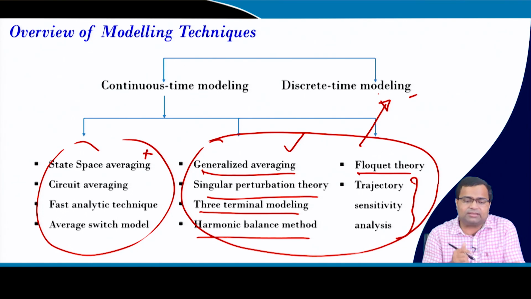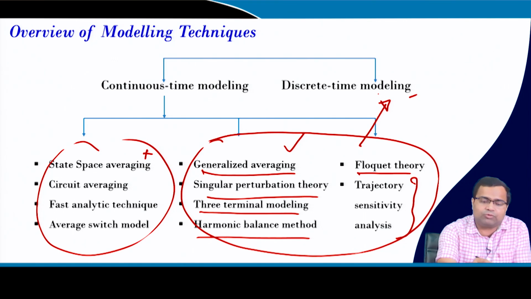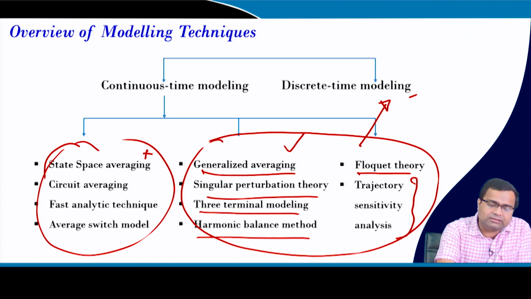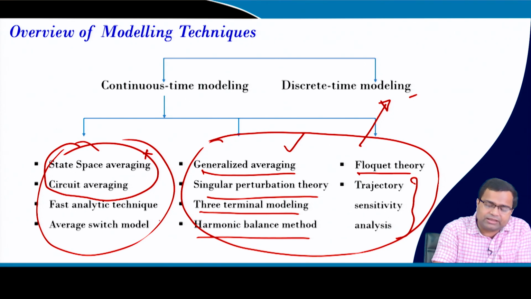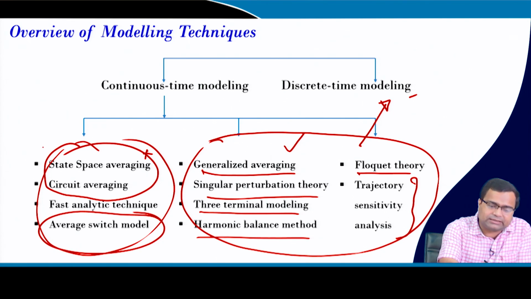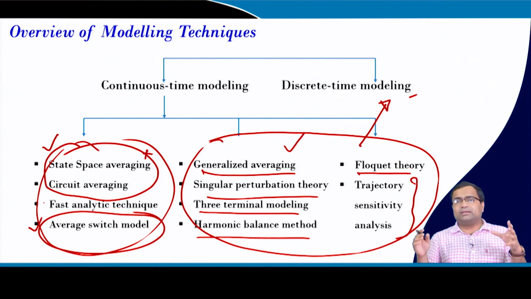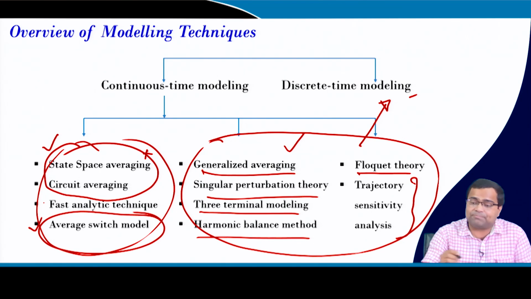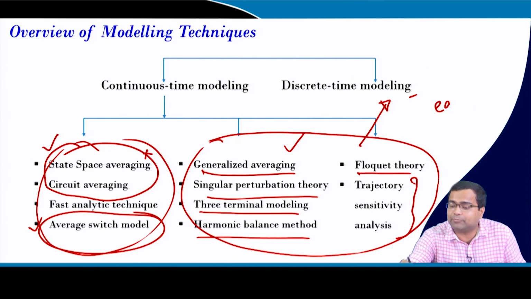So, to start with, in the subsequent lectures, we will primarily consider these two techniques, particularly using the average switch model. These are the techniques that we will consider extensively and we will develop the small signal model. This will give you a lot of physical insight, okay, and we will primarily consider the equivalent circuit model.